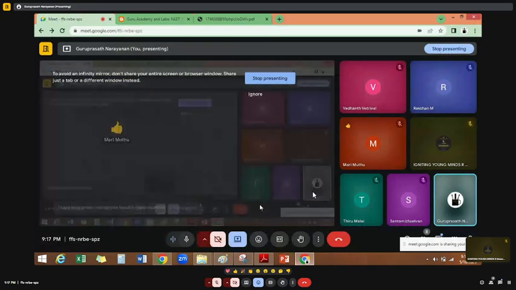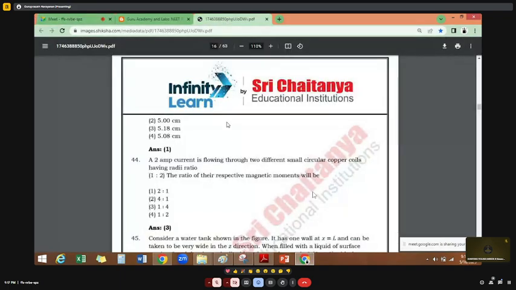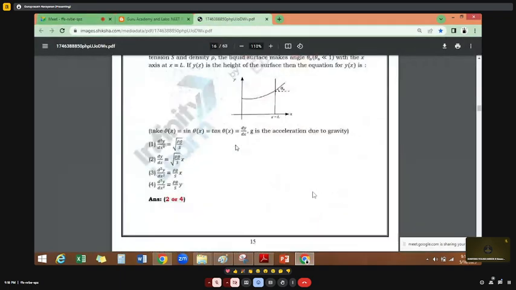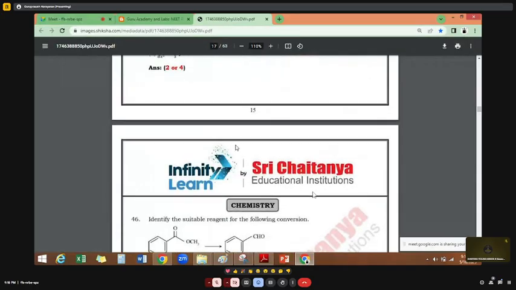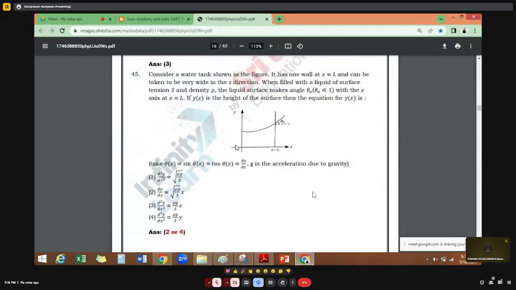I think there is one more problem. Maybe I'll send the solution online. I will update it and I will send it to you in the groups. Because this is a completely mathematics problem. I don't think you have the formula for radius of curvature, right? Only if I know the radius of curvature formula, you can do this.